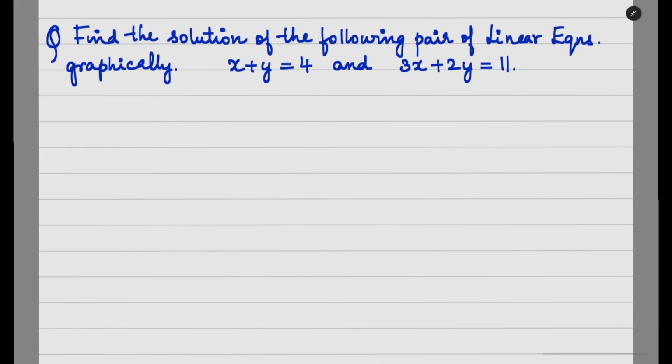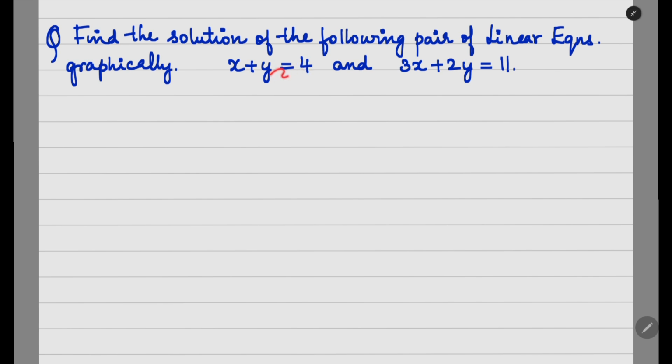Find the solution of the following pair of linear equations graphically. You have to use the graphical method and find the solution. Let's solve for the first one. You have to find two solutions, isn't it?